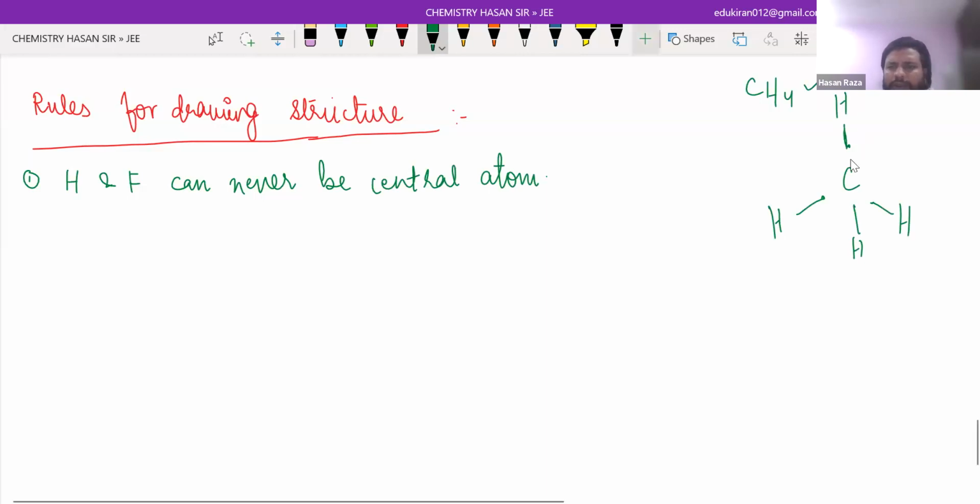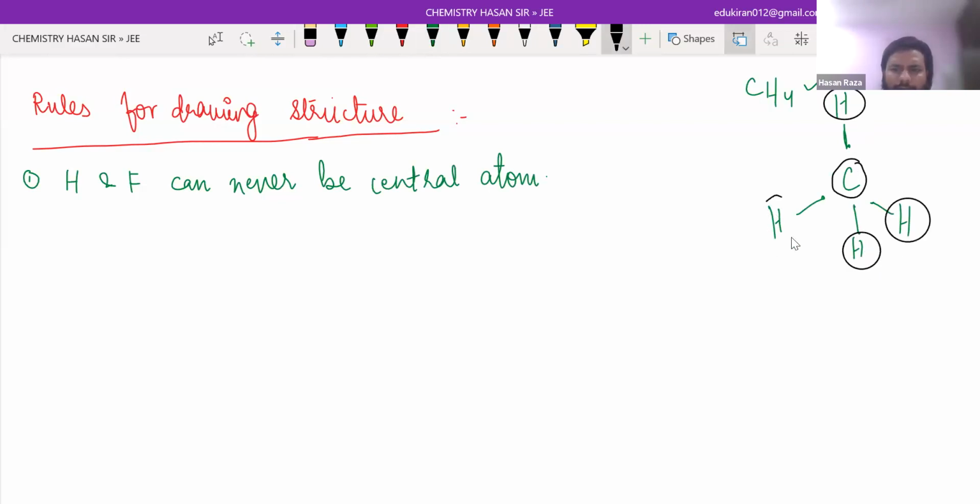The central atom is this carbon, and the surrounding atoms are these hydrogens. So the first rule is that hydrogen and fluorine can never be central atom.